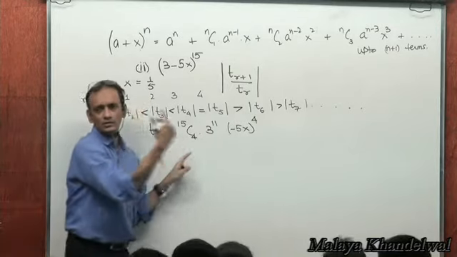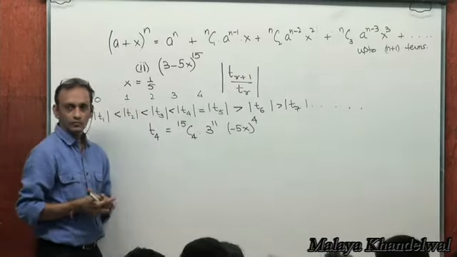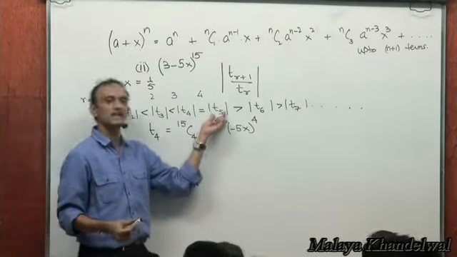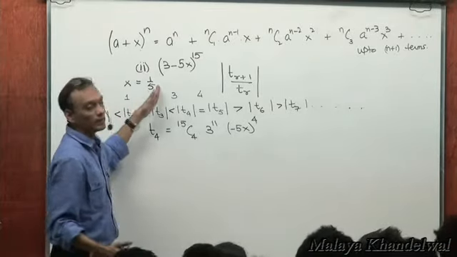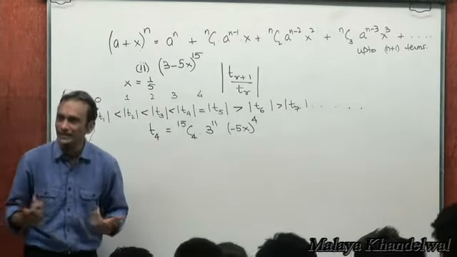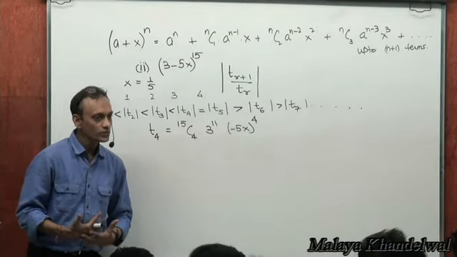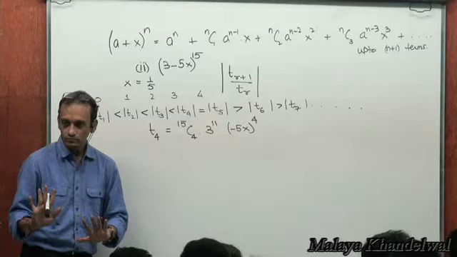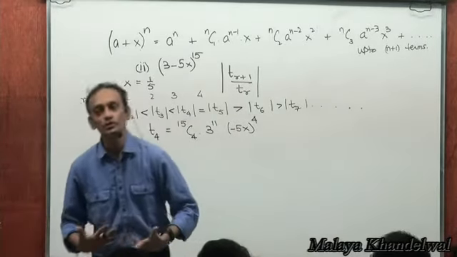So the minus gets removed. The mod of this will be numerically the largest, and the mod of t4 will be the same as mod of t5. So no matter which one you compute at x equal to 1 by 5, you will get the same value, right? Confused? So this is an important point, and you must take proper notice of this.